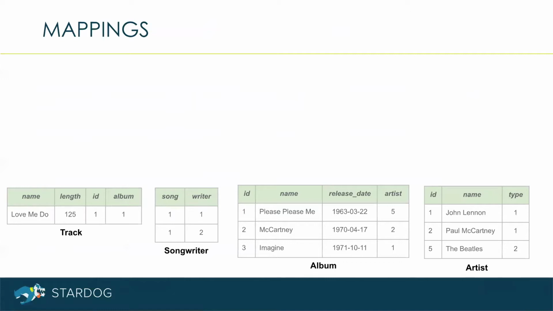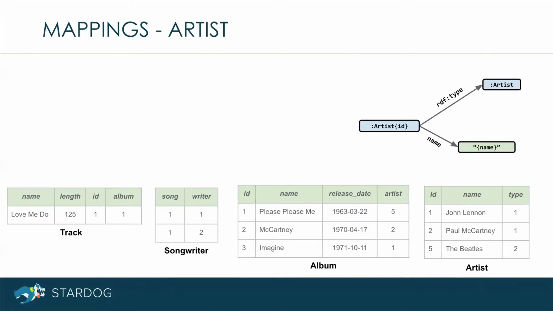This is the case for that artist table that we see on the right. We have 3 artists, each with an ID and some kind of type that has some meaning somewhere. Typically, when we're mapping an RDF table, you have an RDFS class that corresponds to that table. In this case, you can see artist in the upper right. Each row of that table is then mapped to a node that is an instance of that type.